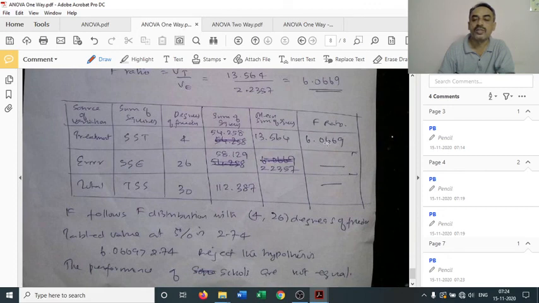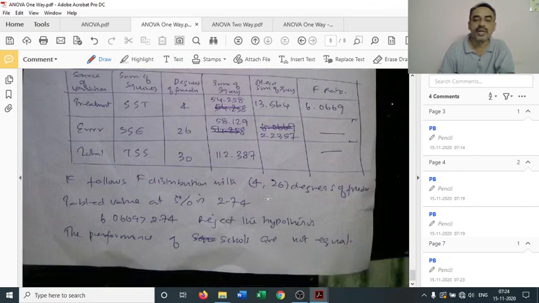So we have 6.0669. It is F distribution with 4 comma 26 degrees of freedom. Table value is 2.74. We reject the hypothesis, which means the performance of schools is not equal.